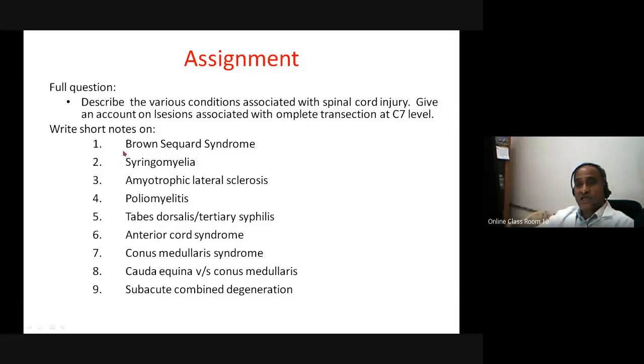Write short notes on Brown-Sequard syndrome, syringomyelia, amyotrophic lateral sclerosis, poliomyelitis, tabes dorsalis or tertiary syphilis, anterior cord syndrome, the conus medullaris syndrome, cauda equina and conus medullaris differences, subacute combined degeneration. You can add radiculopathy and then neuropathy. So that also you can.